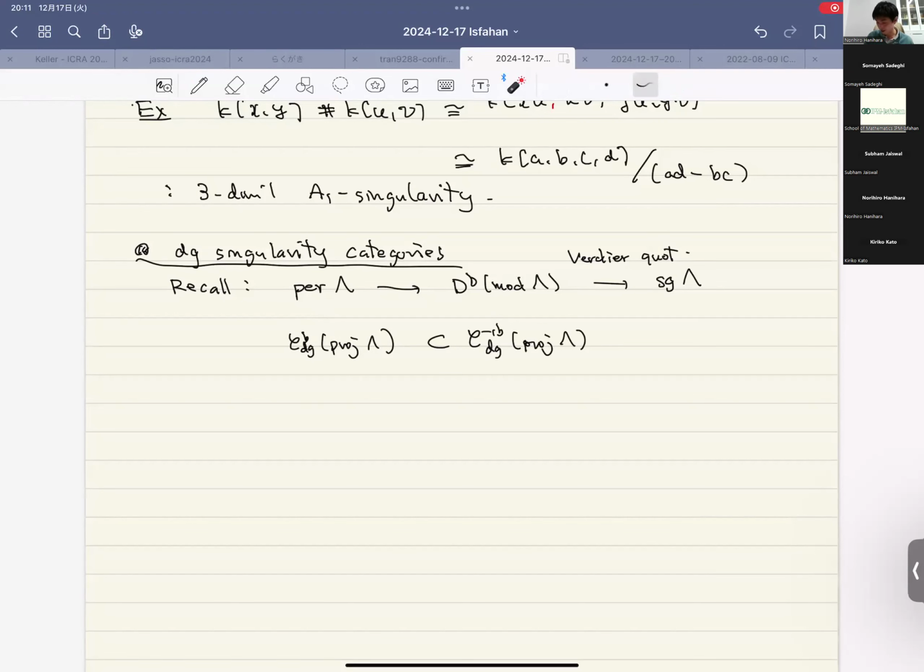The natural question is whether we can enhance this Verdier quotient construction to DG categories, and the answer is happily yes, which is given by Bernhard Keller and Drinfeld.